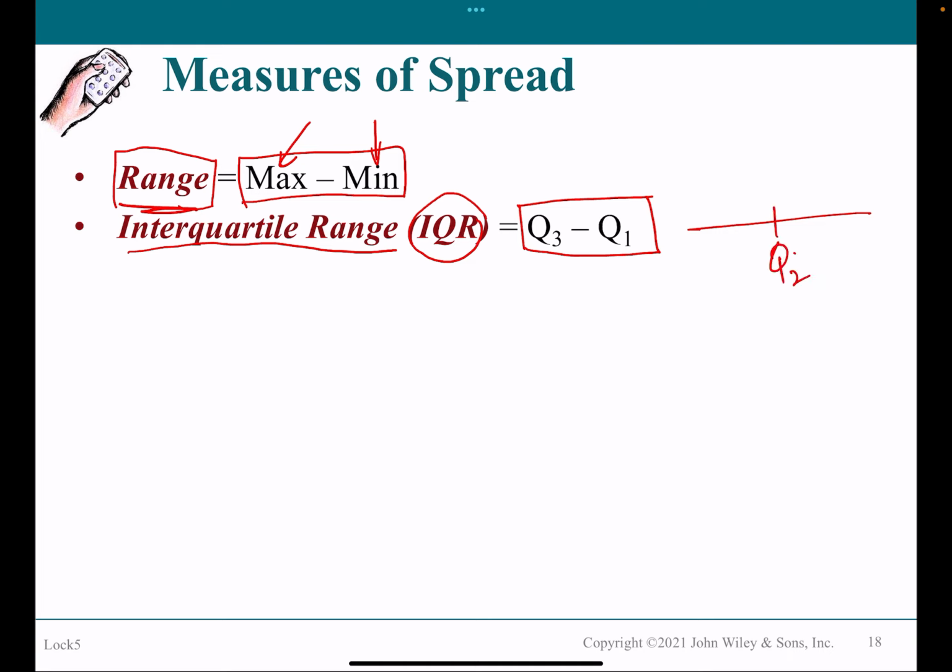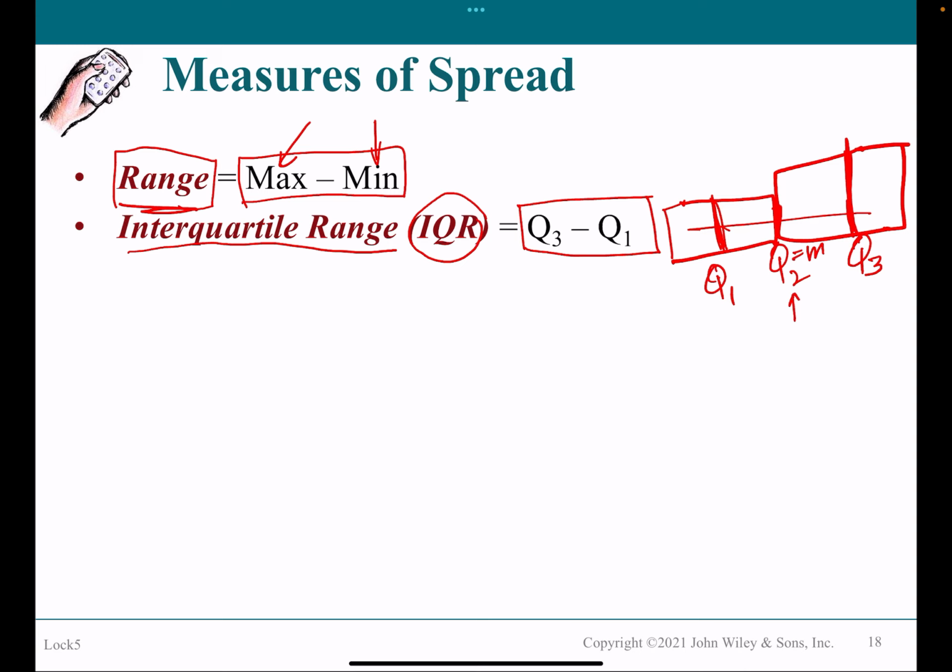Q2 or median, Q3, Q1. I explained last day that Q2 is the median. So the median is a resistant measurement, right? What are these Q1 and Q3? Q1 and Q3 are again medians. Q1 is the median of the first half or lower half, and Q3 is the median of the second half or upper half.